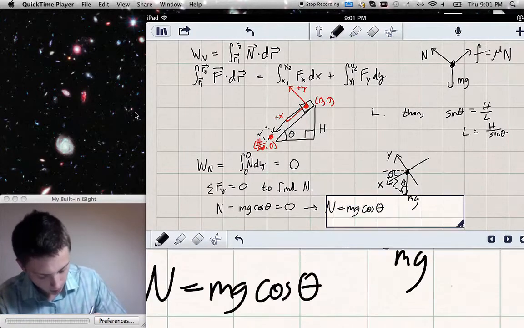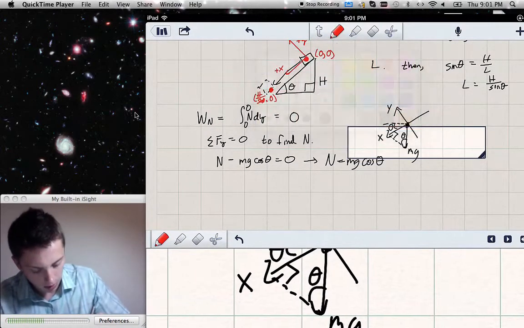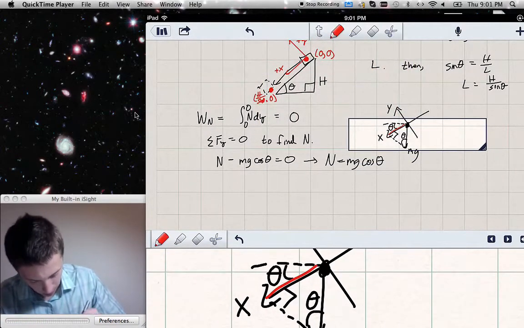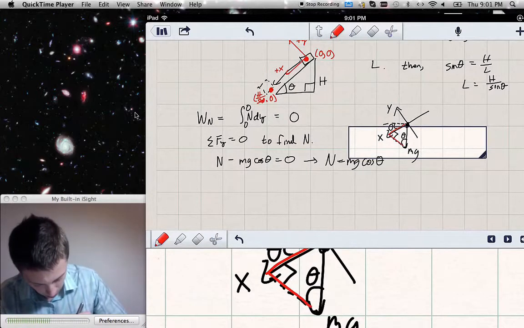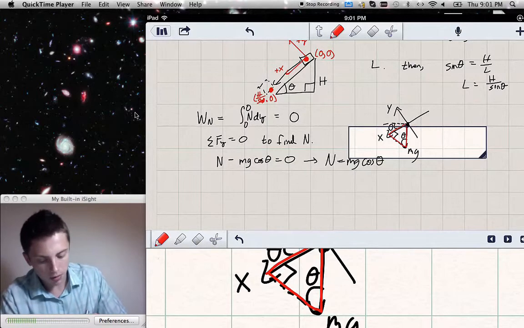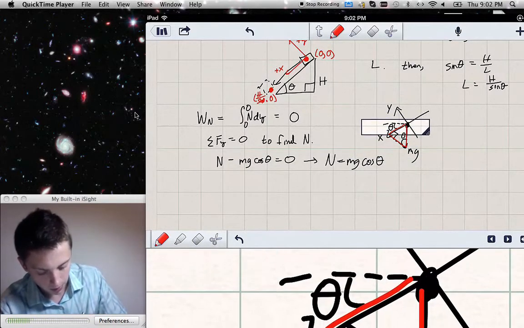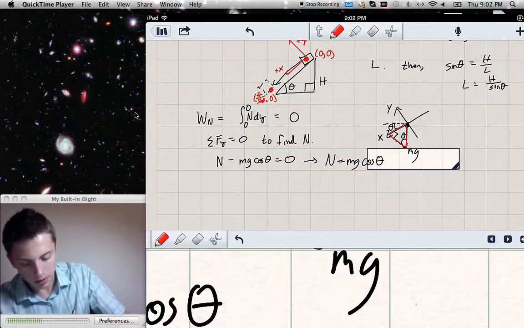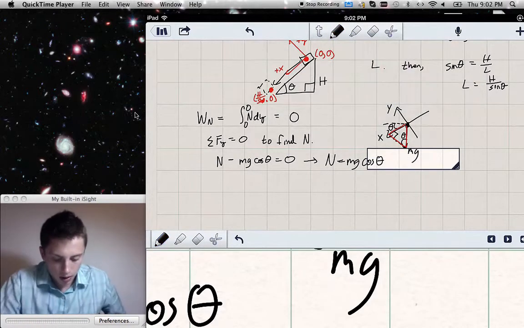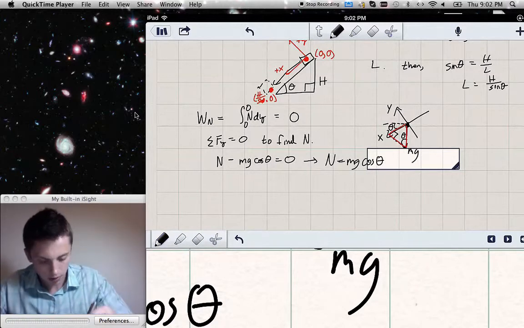Okay. So the x component is the component of this triangle, which I'll highlight in red. So there's the right angle and my hypotenuse. The x component is the component of the triangle which lies along the x-axis. That's this upper red line here. And since the hypotenuse is mg, we should have mg sine theta here.